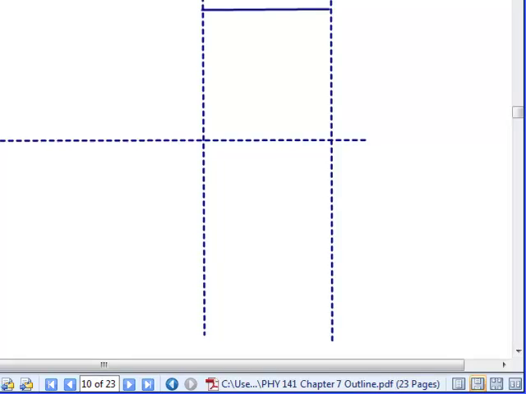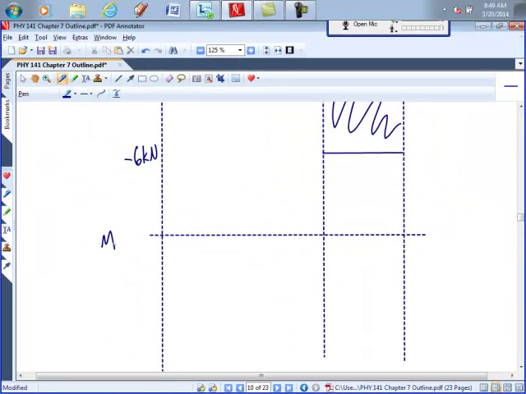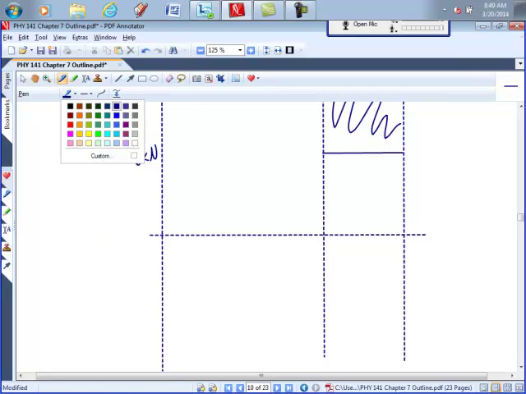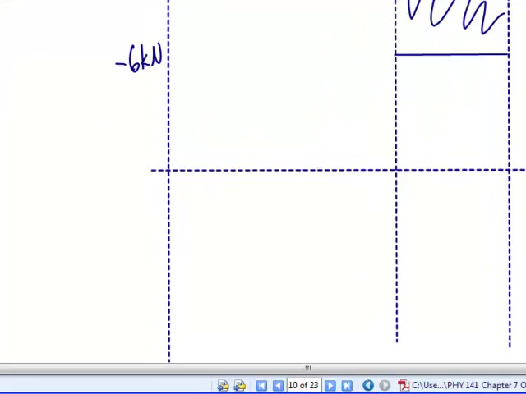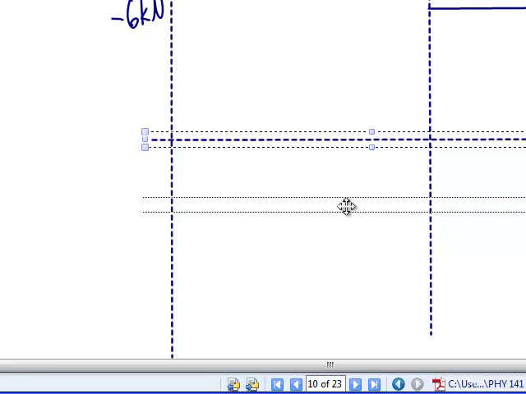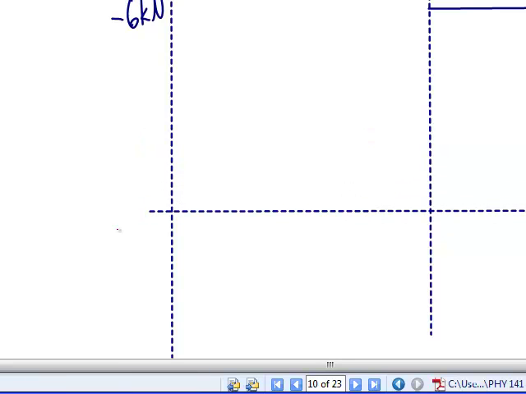Okay. What about our moment diagram? What's it going to look like? Oh, I should use a different color. Let's use something that shows up. Let's use purple. So what does the moment diagram look like?